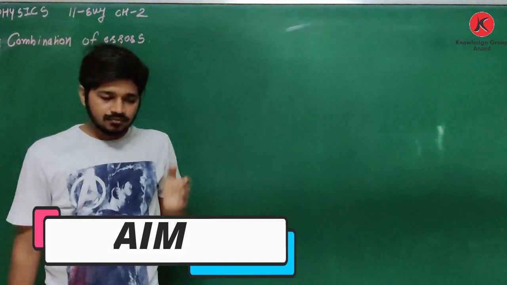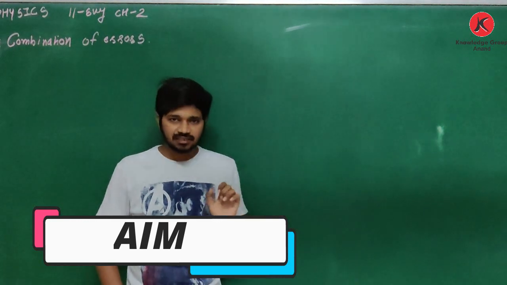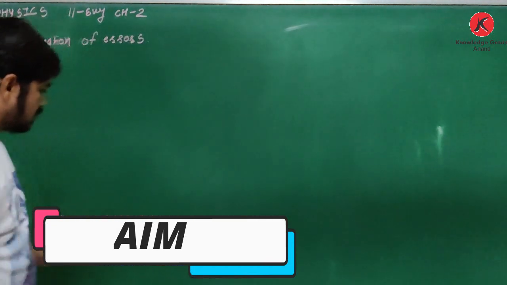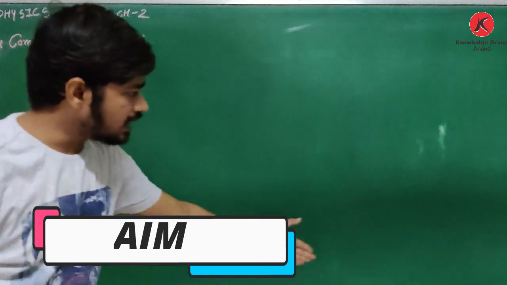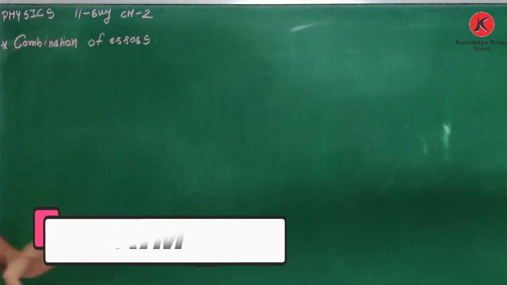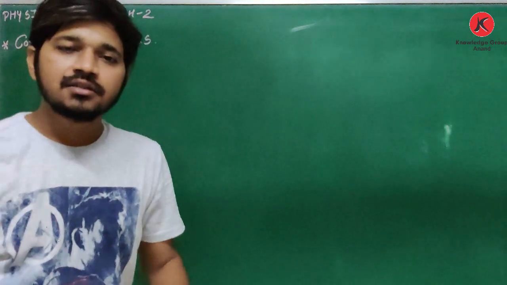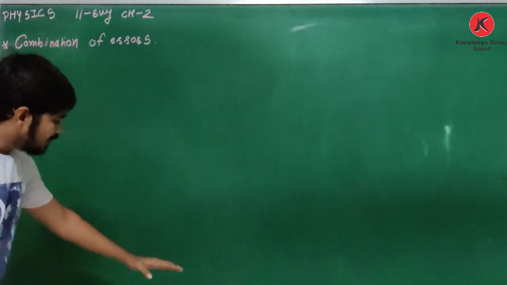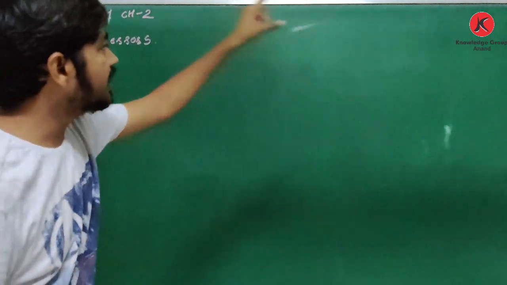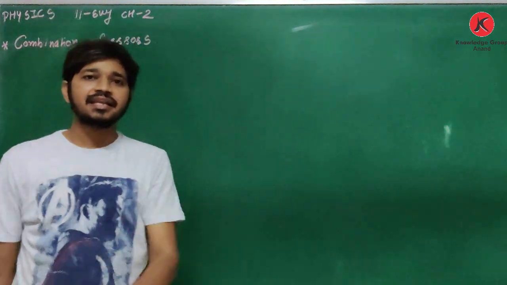Now see, if we measure any physical quantity, there may be error in that physical quantity. For example, if I find the length of this bar and there is some error, and if I find the height of this bar and there is some error, then obviously if with the help of this length and height I find the area of this bar, there is some error in the area.